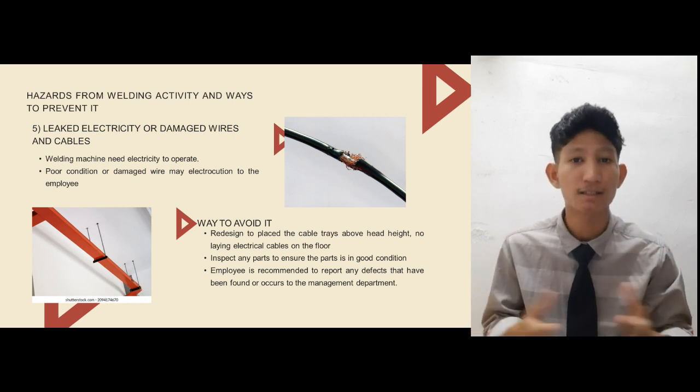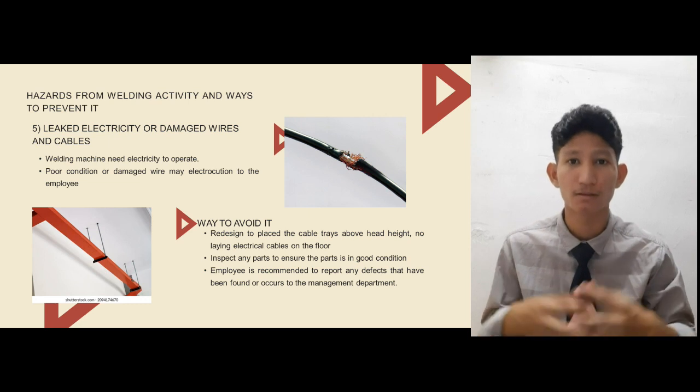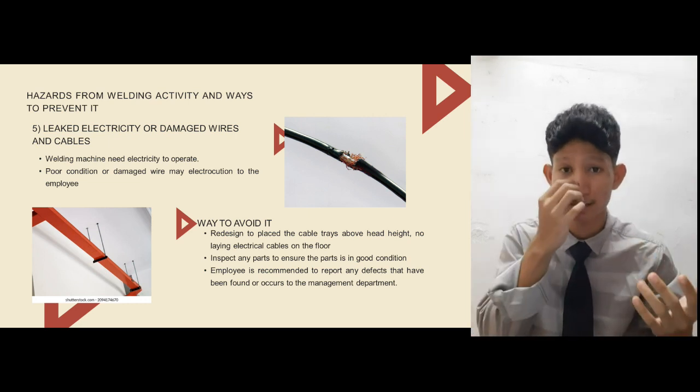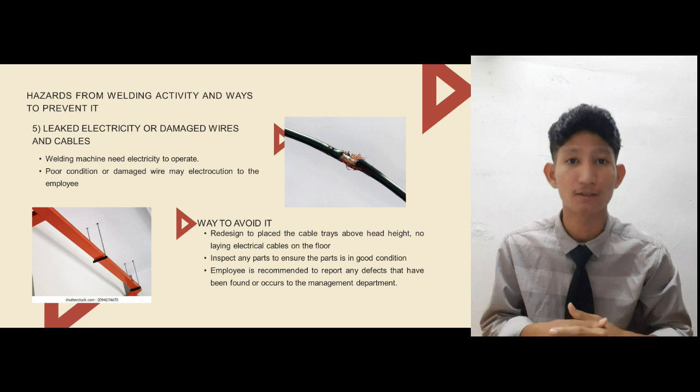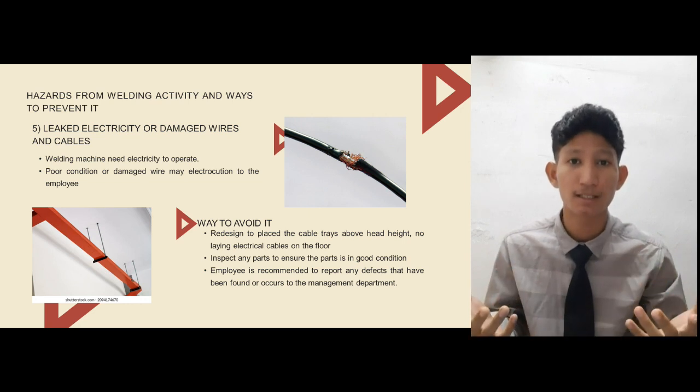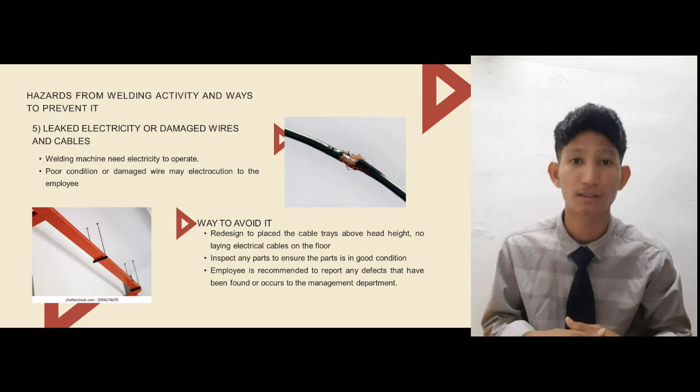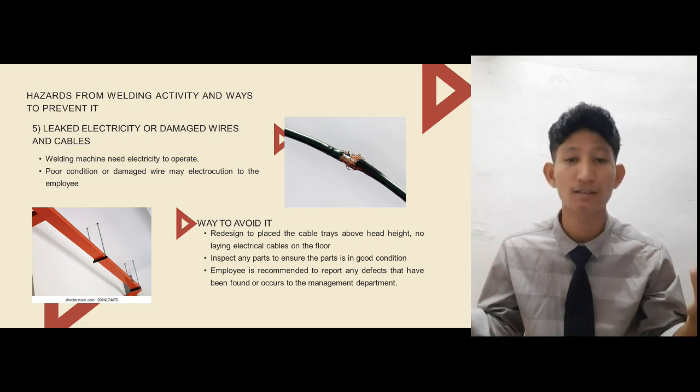And the last, leaked electricity or damaged wires and cables. Welding machines need electricity to operate. So, when there is a poor condition or damaged wire, it may cause electrocution to the employee or the welder in the workplace or in the surrounding of the workplace.